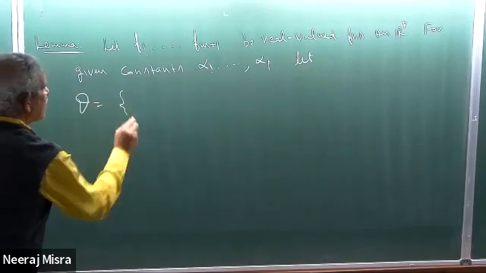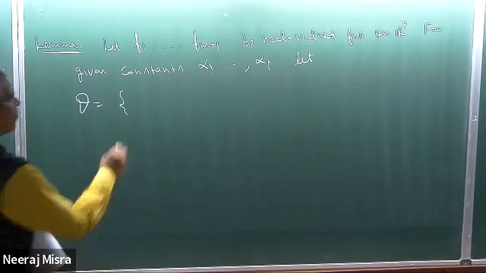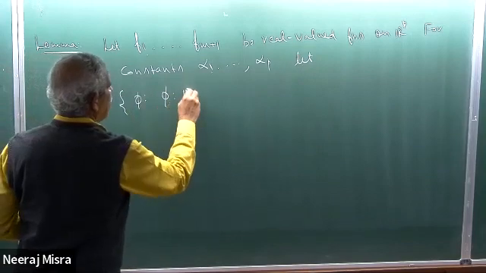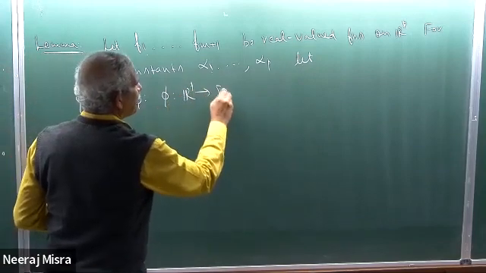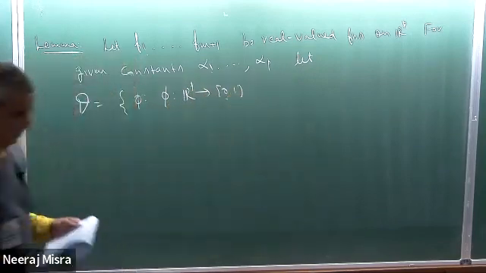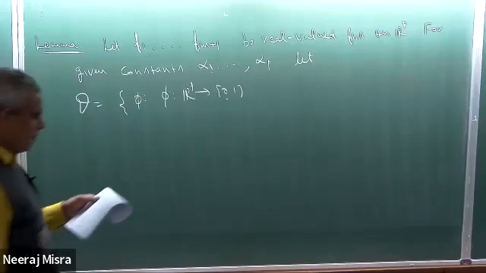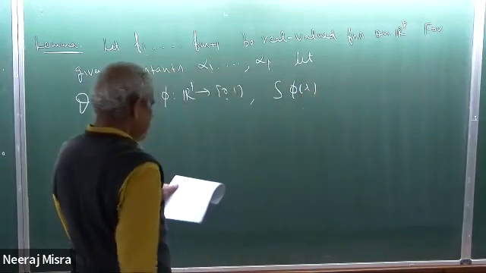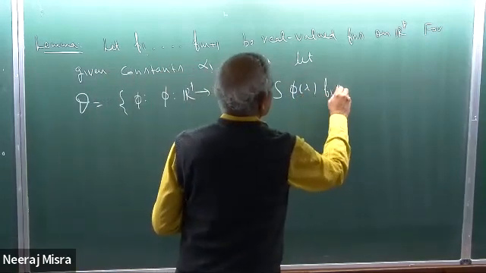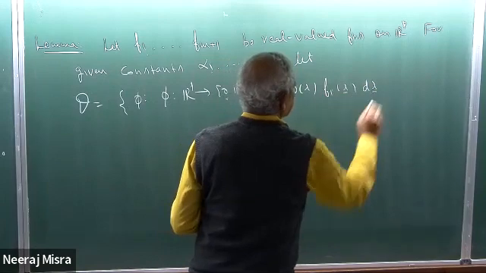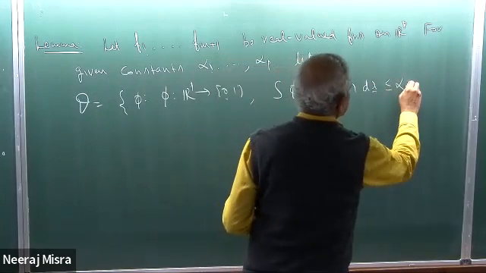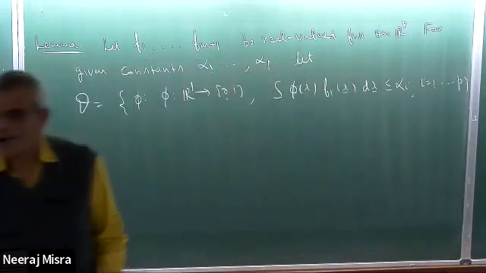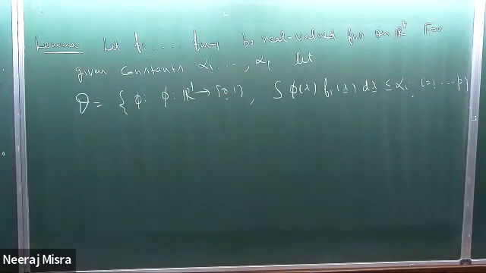One class is D. D is the collection of all those phi's such that phi is a function from Rp to [0, 1], and the integral of phi x fi x dx is less than or equal to alpha i. So it is like a collection of all those tests for which the level is less than or equal to alpha.